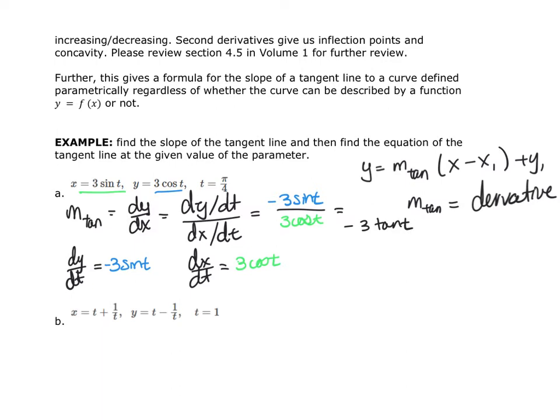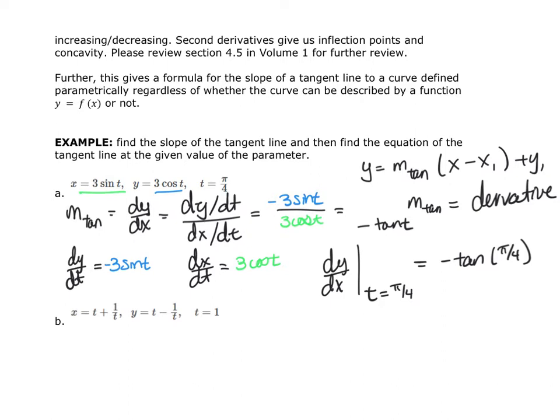Now what we're going to do is evaluate dy/dx when t is equal to pi over 4. So in other words, I have negative, and that's not negative 3, it's just negative tangent, the 3's cancel. So it is going to be the negative tangent of pi over 4.